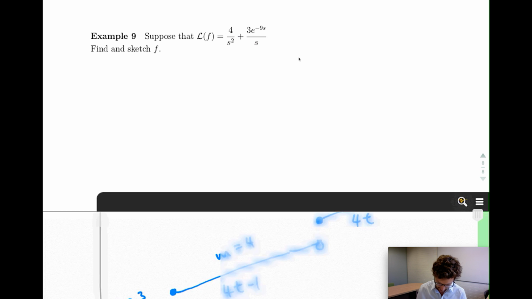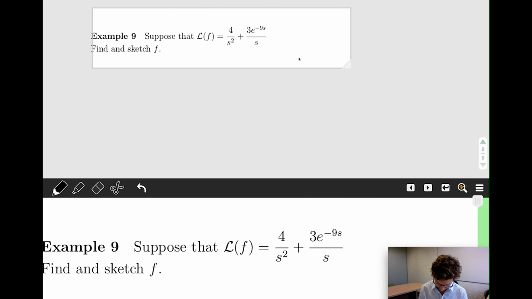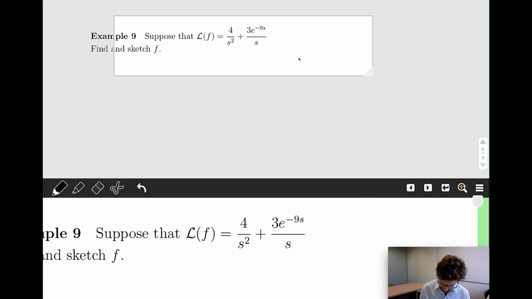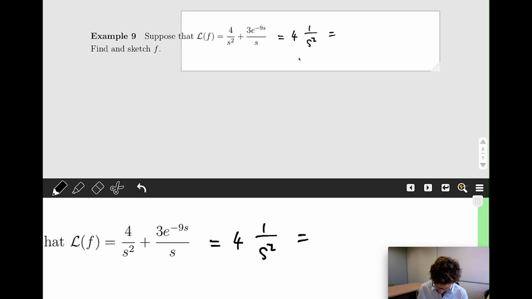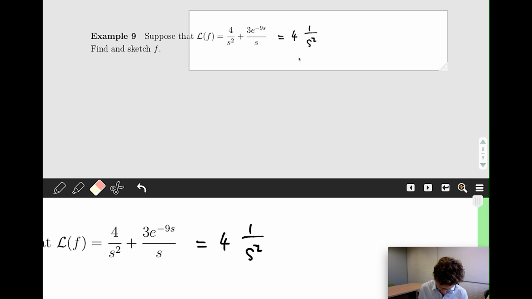So we can see that this thing looks like 1 over s squared, and this thing looks like 3e to the minus 9s 1 over s.